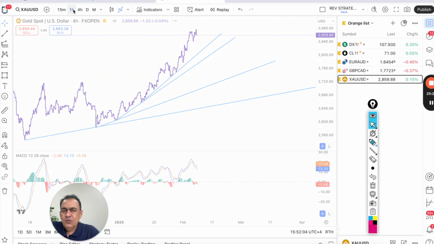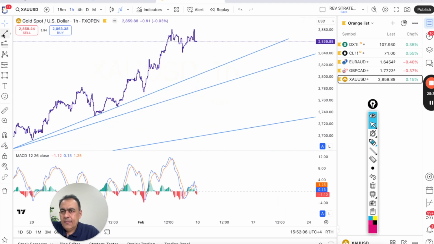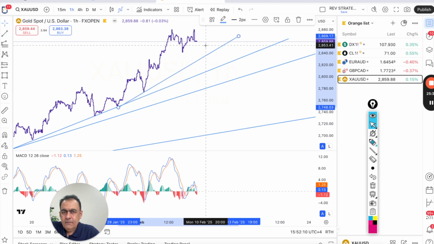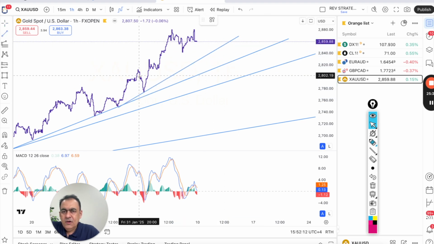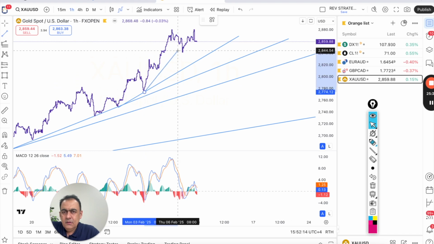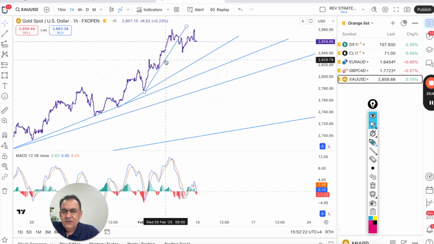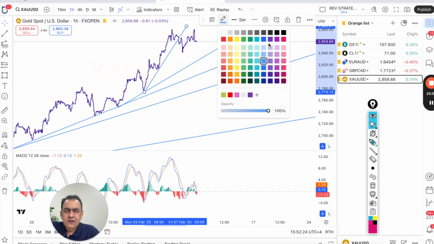And let's move to 1H. On the 1 hourly chart again, yes, this is the trend line which is now breached. So let's change the color.